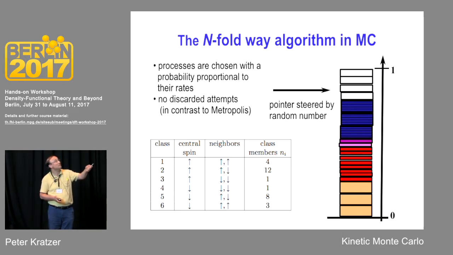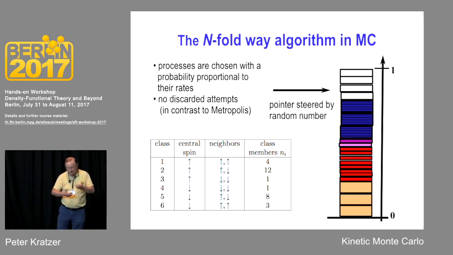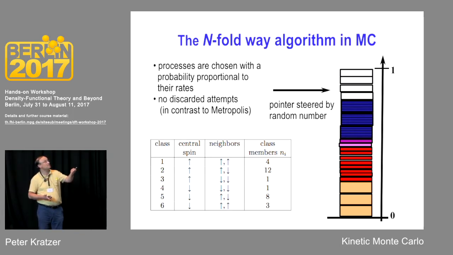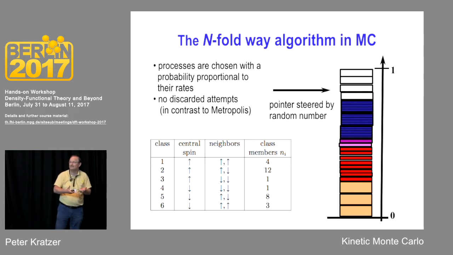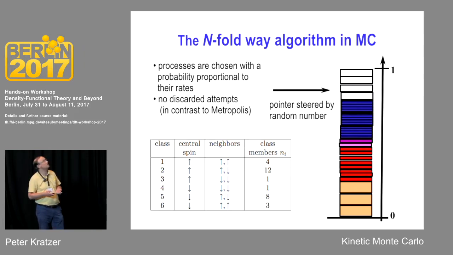So if the random number points here, then you would execute class 1, and one of the spins falling in class 1 is flipped. And this is the way you generate your new configurations. In this way, you generate each configuration with the right probability, because the thickness of these bricks here is proportional to the probability of doing the flip. So in this way, you don't need to reject anything. You can do the simulation without rejecting.